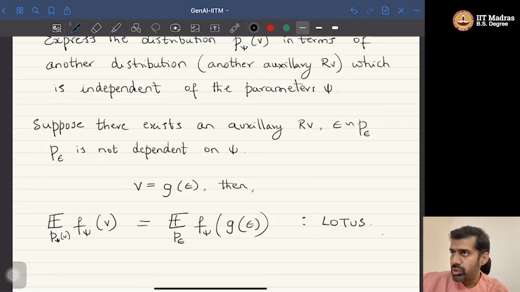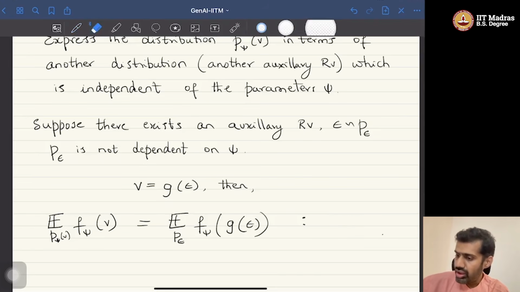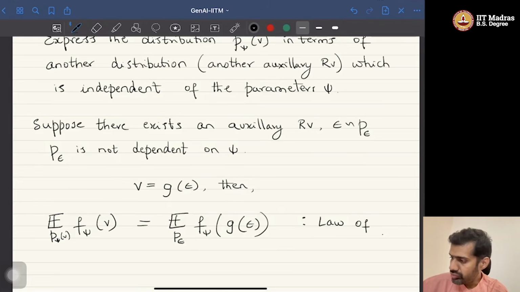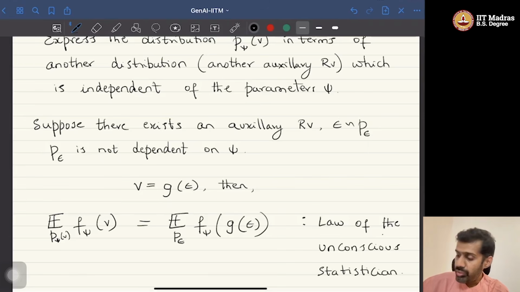So this will tell you that an expectation with respect to one random variable can be written in terms of expectation of some other random variable. So let me just expand this. This is the law of the unconscious statistician, it has a peculiar name.